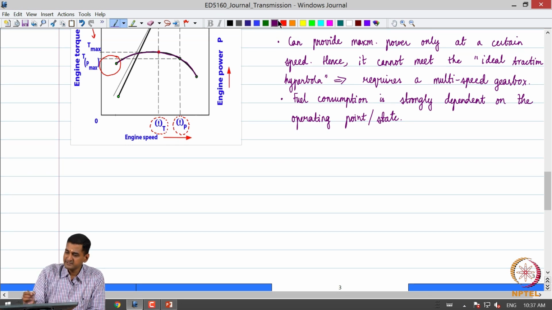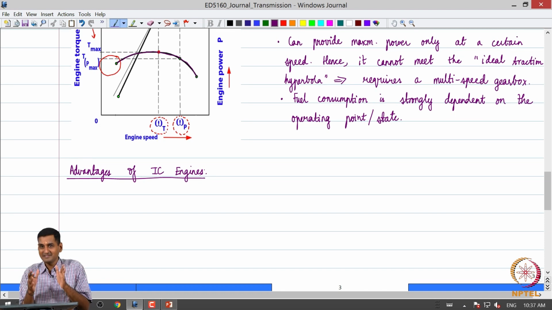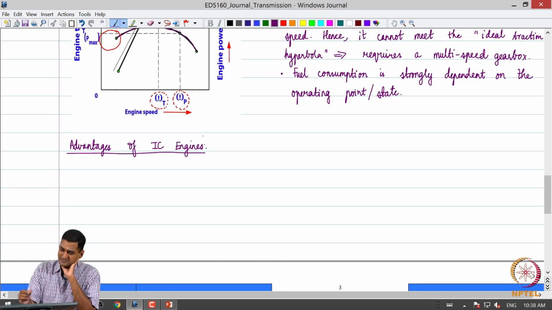So, from the perspective of powertrain, few advantages of IC engines, because we should have a balanced viewpoint, right. So obviously there must be a lot of good things about IC engines that have enabled it to be used for a long time and still be used, right, from the perspective of powertrain. So what are these advantages?